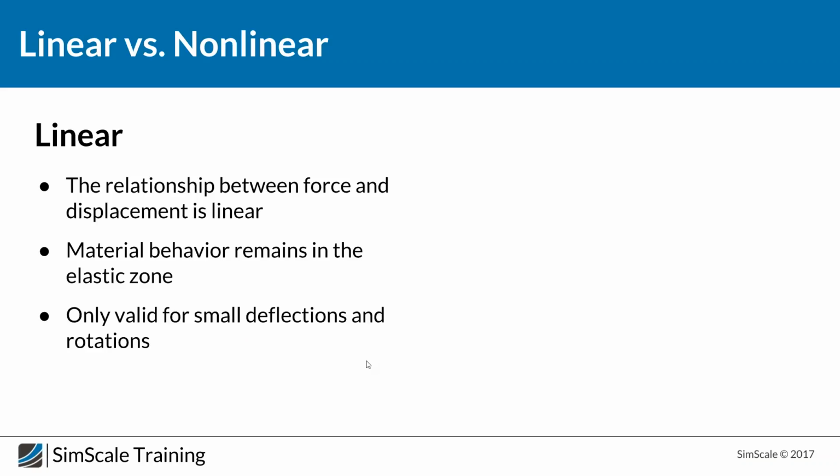A very good example is if you want to do a simulation of, let's say, a mechanical part like a suspension arm. There, you want it to stay linear, because once it leaves this linear, elastic zone, you will have plastic deformations, and the material will start to crack and fail.